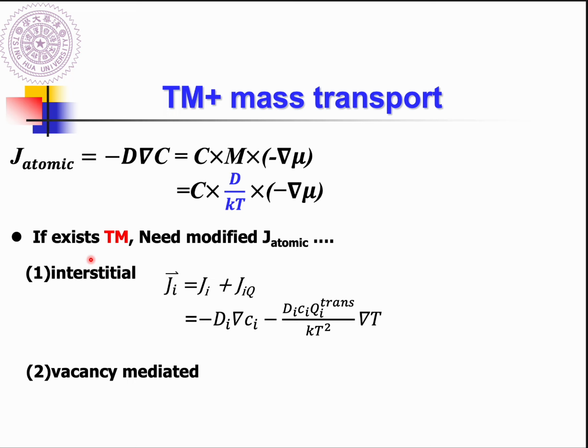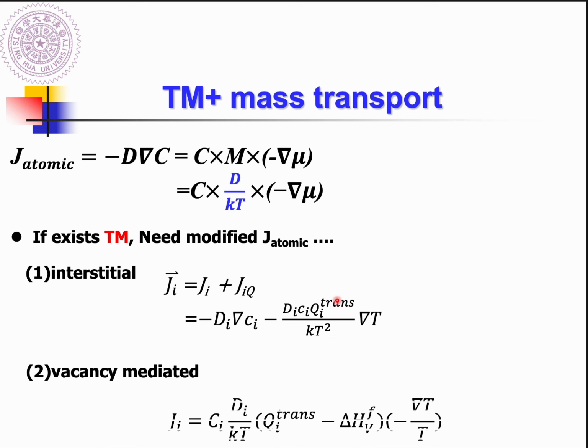So when you apply a temperature gradient on it, the atomic flux of these interstitials can be separated into two parts. The first one is due to the concentration variation of these interstitials, and the second one will be due to the temperature gradient, and can be expressed like a mobility, concentration, and the driving force.